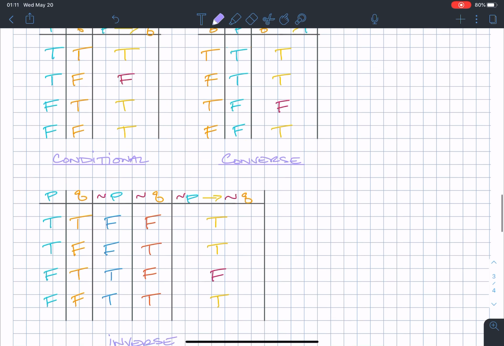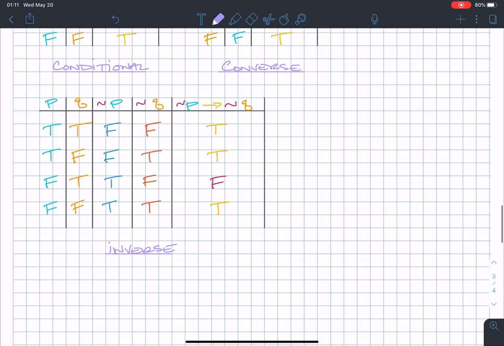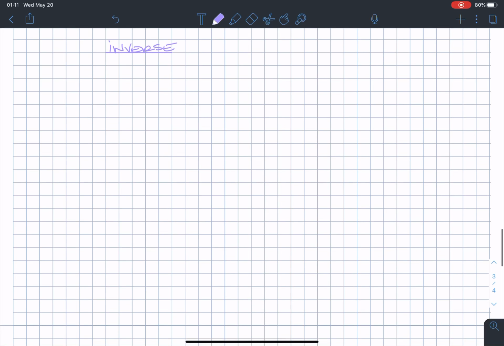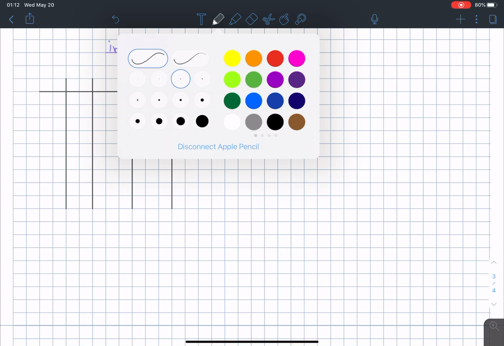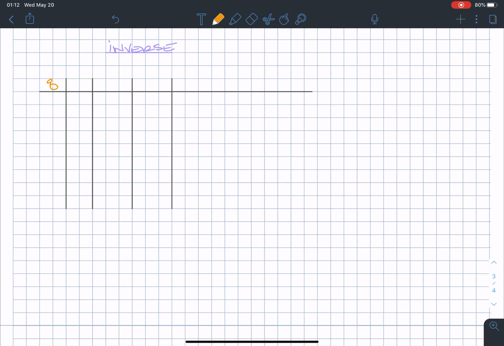I don't know if I have enough room to do that beside it, so I'll do it underneath. So the next one would be the contrapositive. What is the contrapositive again? The contrapositive was not Q implies not P. So I'm going to do Q first, which is true, false, true, false.